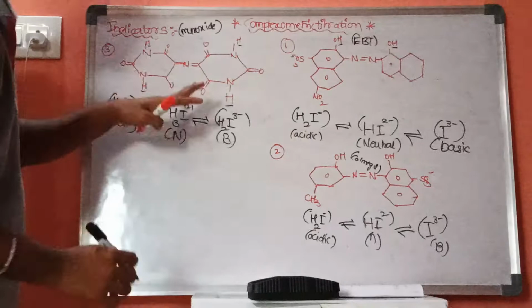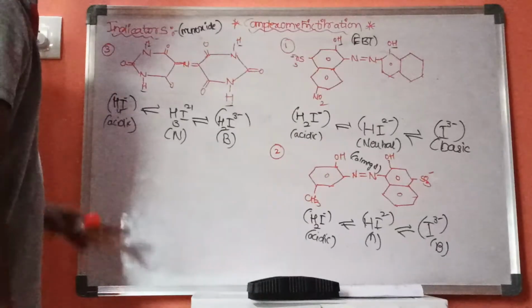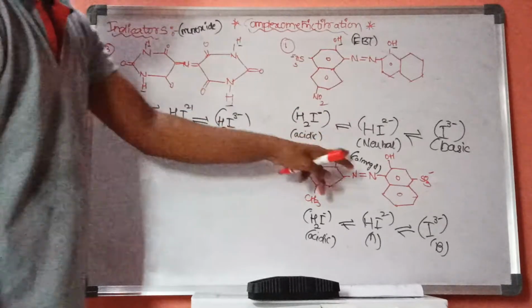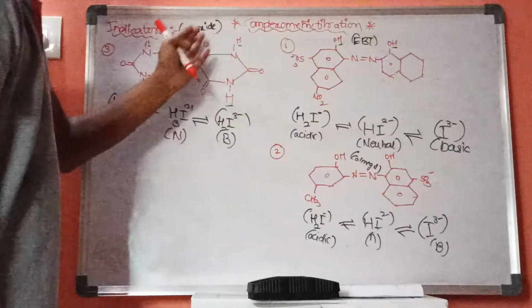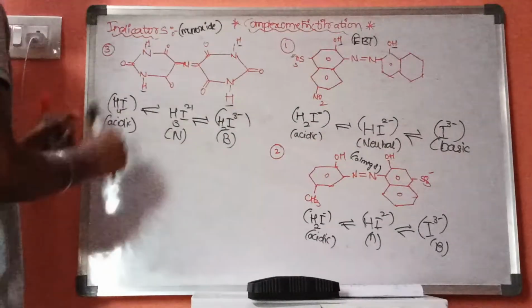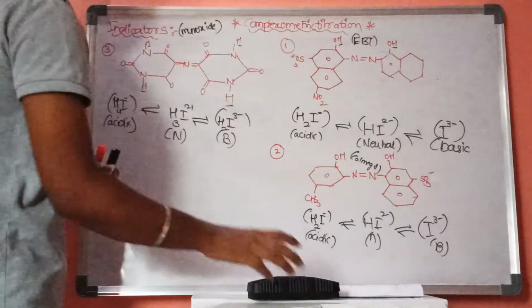These are the indicators which are used in complexometric titrations. The first one is Eriochrome Black T indicator, the second one is Calmagite indicator, and the third one is Murexide. This is the complete description of indicators which are used in complexometric titrations.